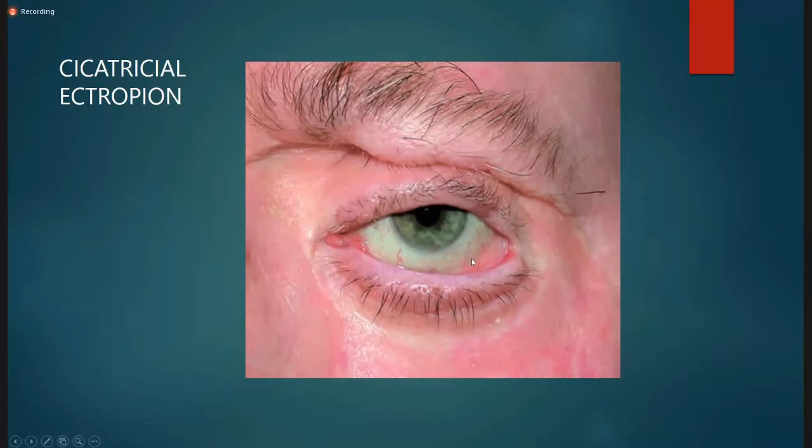It should be like this. But this is outward turning of the lateral margin. This is ectropion. And it is due to cicatrization. The scarring, you can see here, there is scar formation. It is pulling the lower lid temporally. So this is cicatricial ectropion.